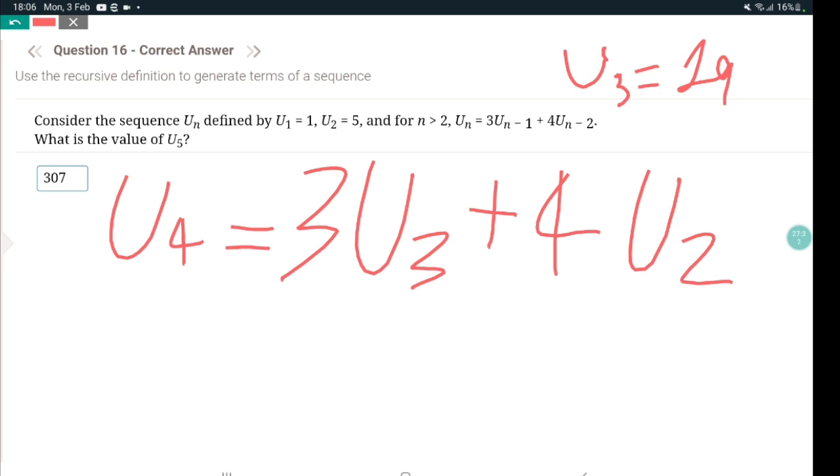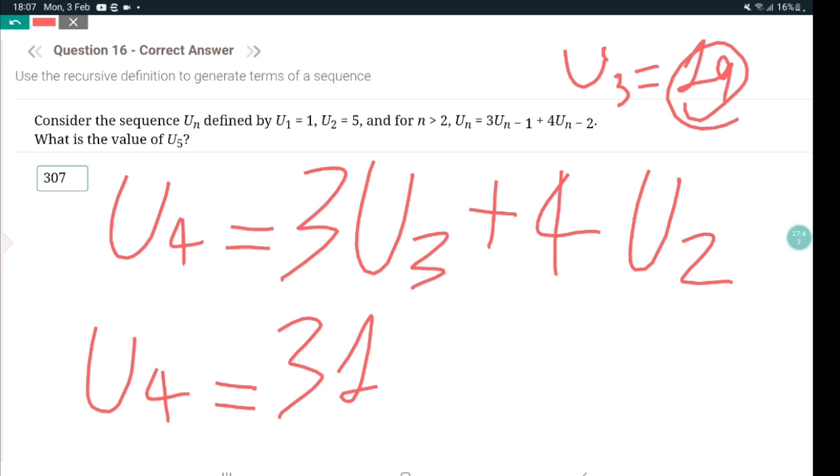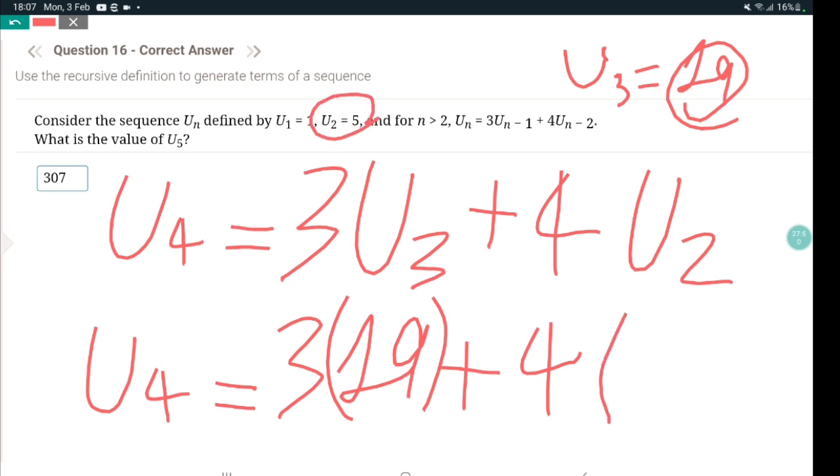We already have u2 since it's given, and u3 we just found. So let's find u4. u4 is equal to 3 times u3, 19, plus 4 times u2, which is 5.